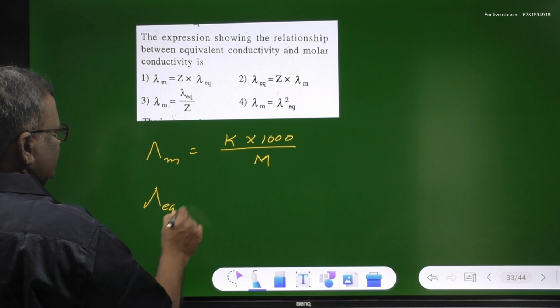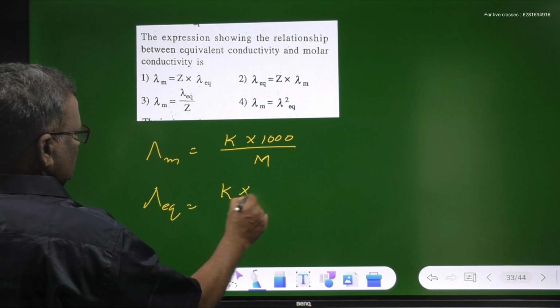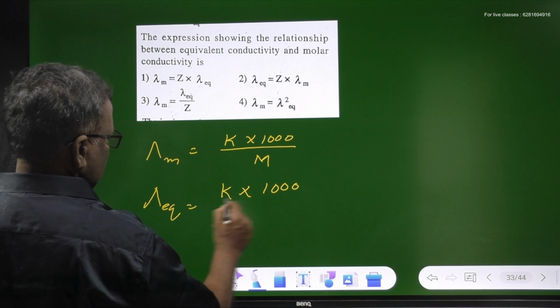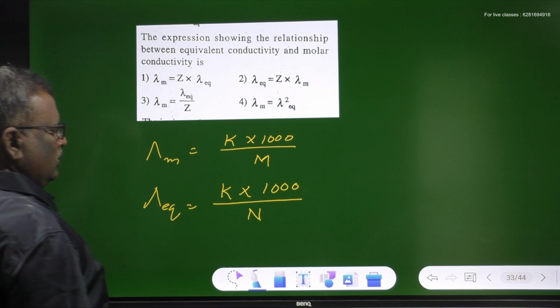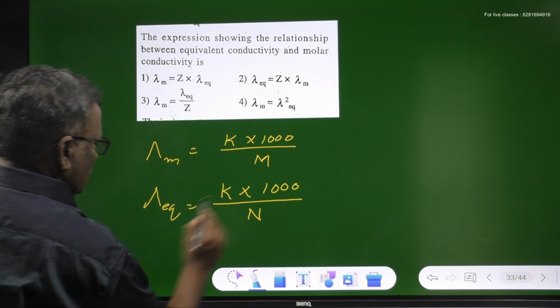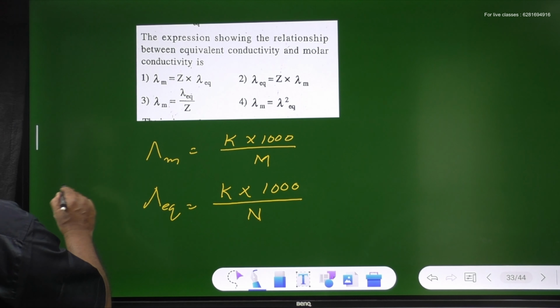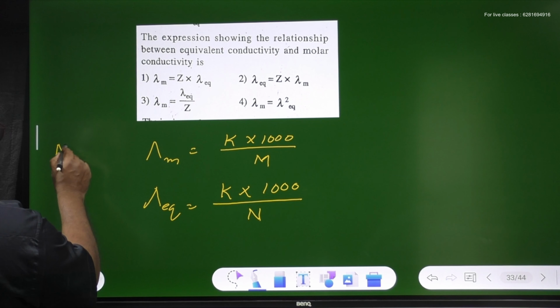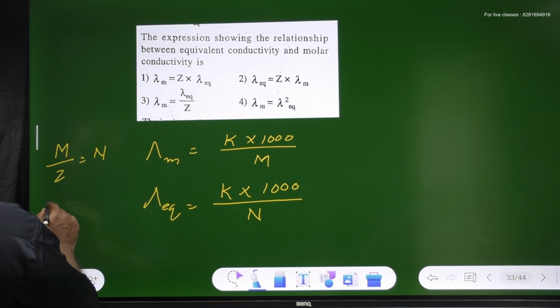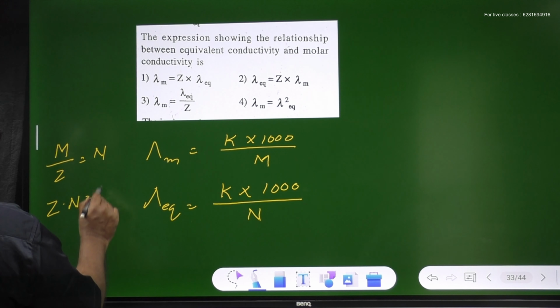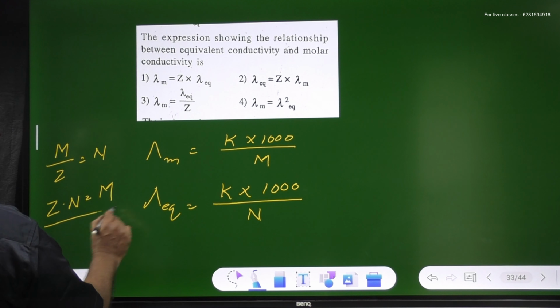Equivalent conductivity is equal to K into 1000 by normality. So molarity by Z is equal to normality, or Z into normality is equal to molarity.